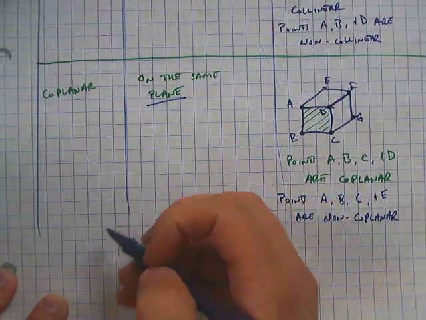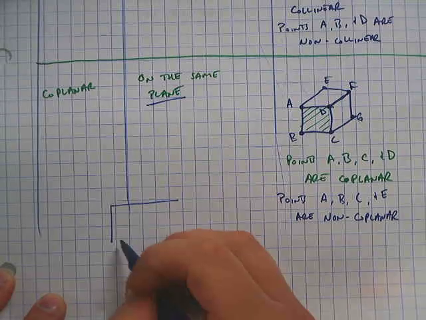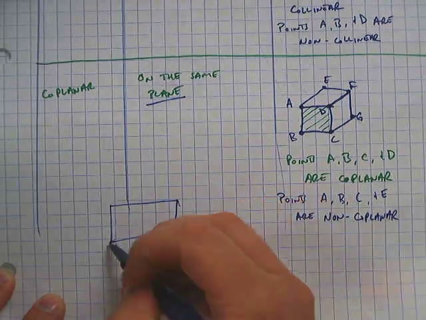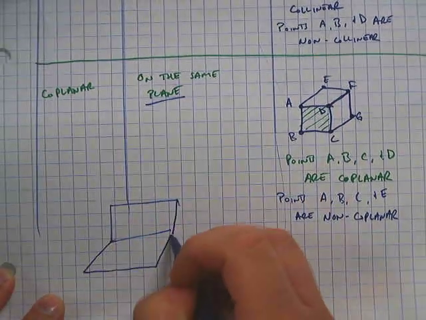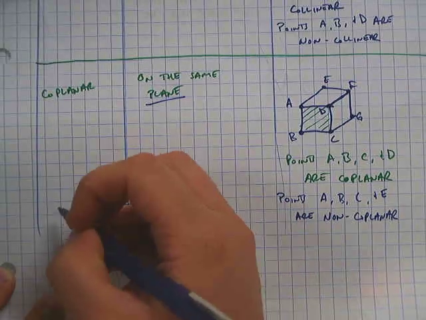Okay. So points A, B, C, and E are non-coplanar because they're not all on a surface together.